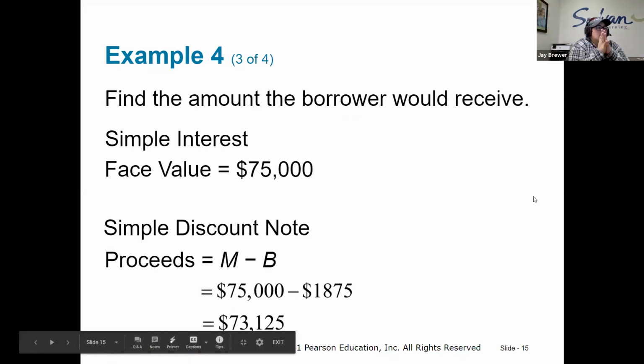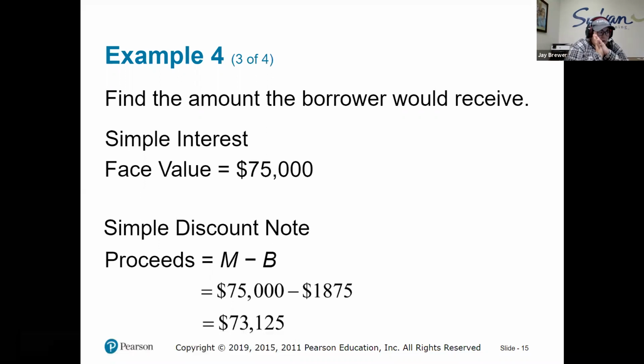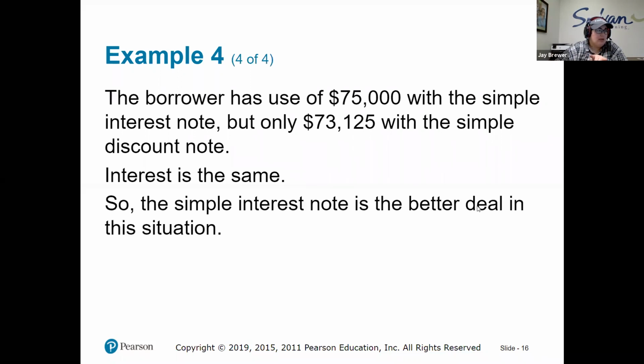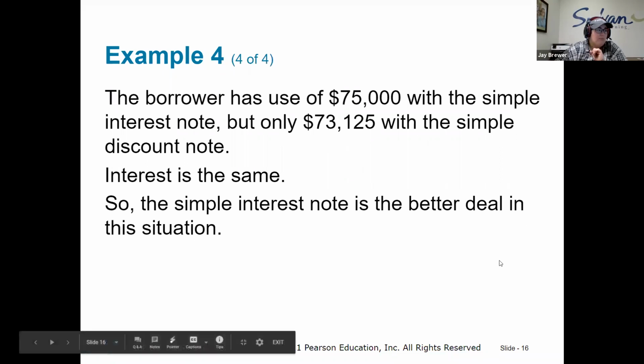All right. So with the simple interest, we have a face value of 75,000. With the simple discount note, we have an amount of 73,125. So the borrower has use of the whole 75,000 with a simple interest note, but only 73,125 with a simple discount note. Interest is the same, so the simple note is the better deal in this situation. Why? Because they get the full amount. Make sense?